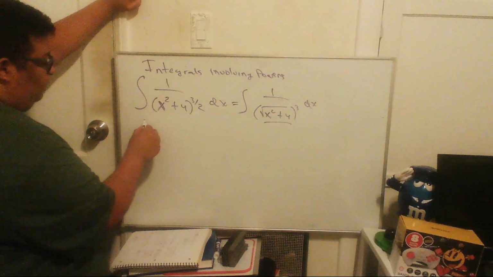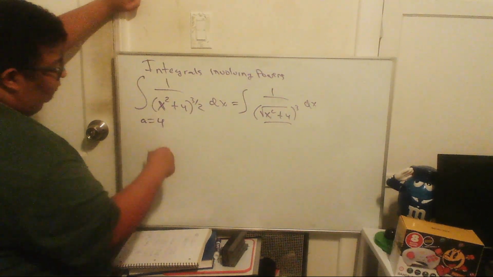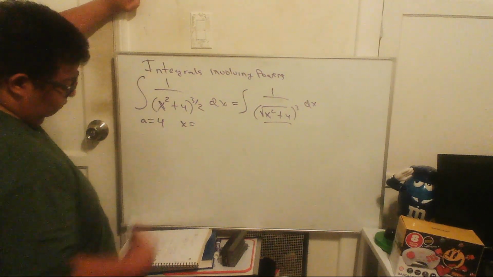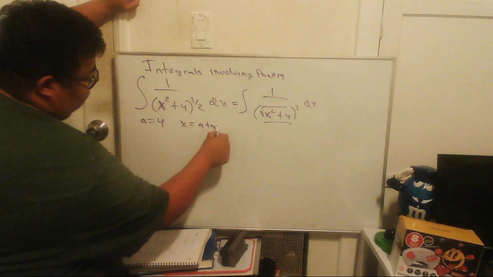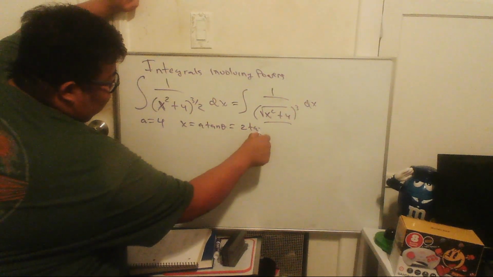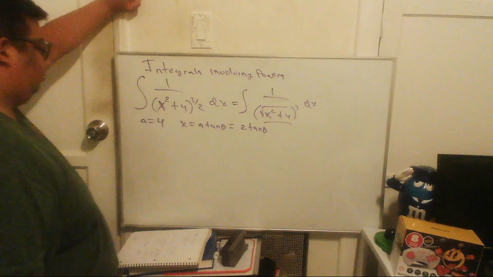Okay, so a squared is equal to 4, that means a is 2, so x is equal to a tangent theta, which is equal to 2 tangent theta.